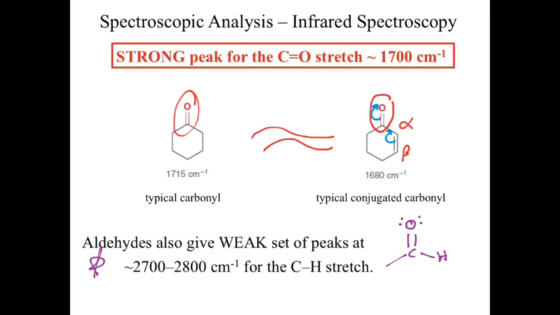That carbon is sp2 hybridized, so we might expect a peak above 3000, except that oxygen is so electronegative that it draws so much electron density away that it weakens that CH bond. So it shifts again to a lower frequency. It's fairly characteristic, and you should see it there, at about 2800.